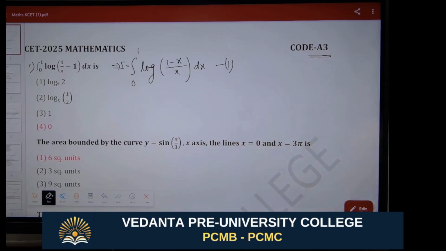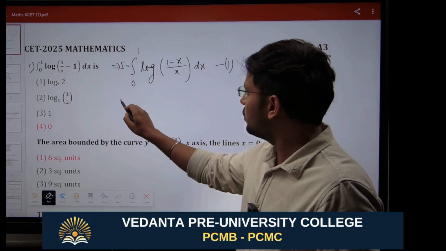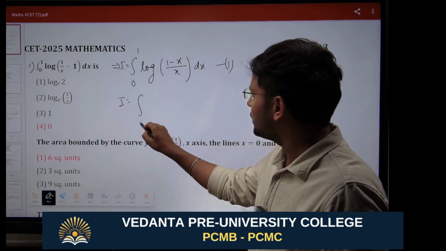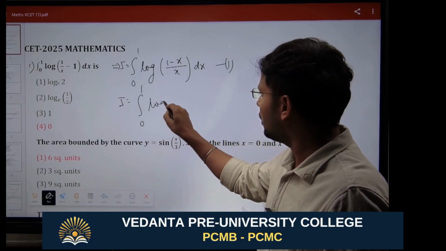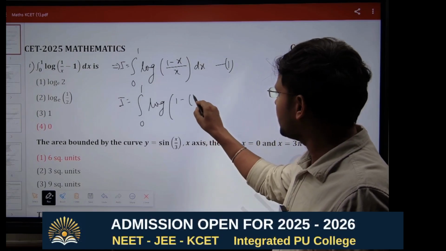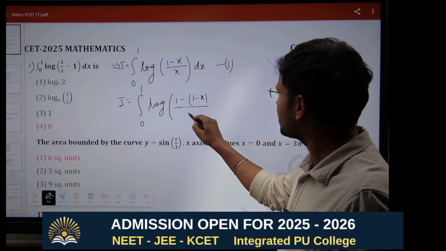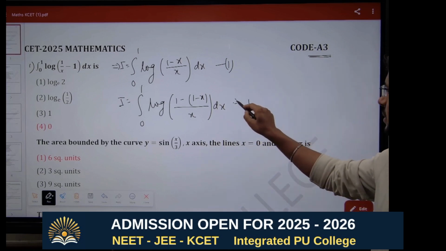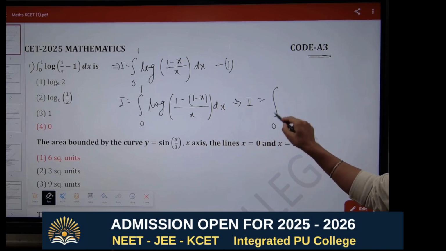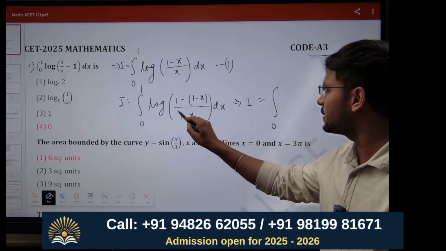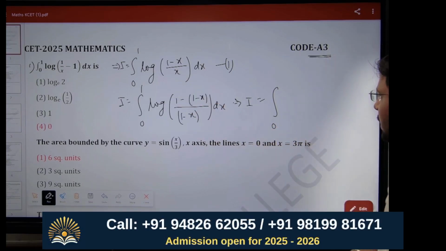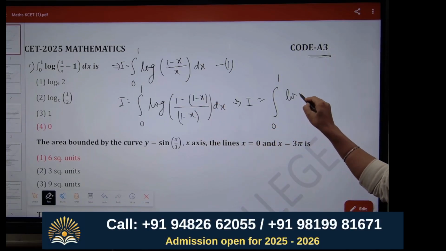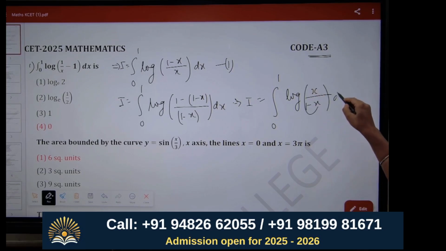Now by the property, I can also be written as integral 0 to 1 log x, replacing x by a minus x. If I simplify, this will be 1 minus x, replacing x by 1 minus x. So this is going to be log x divided by 1 minus x dx.